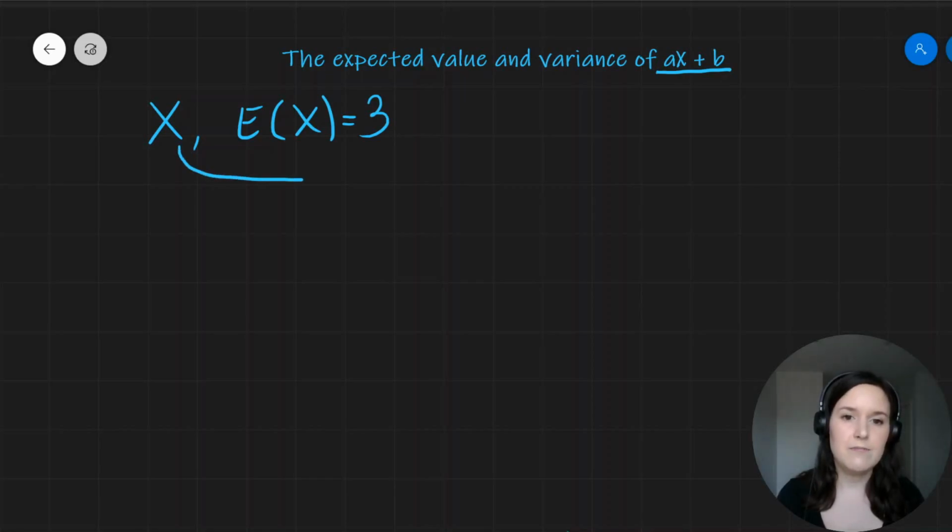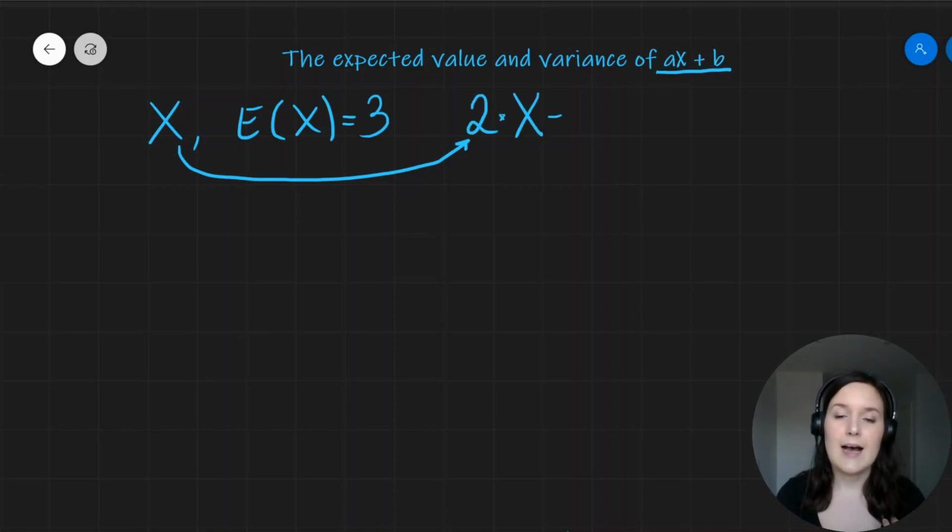So the random variable changes. Let's say that I want to multiply all the values by 2 and add 1. How will the expected value change? I think we all can almost feel that if you multiply all the numbers by 2, their mean is also doubled.